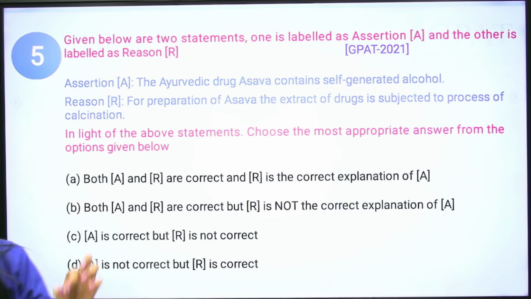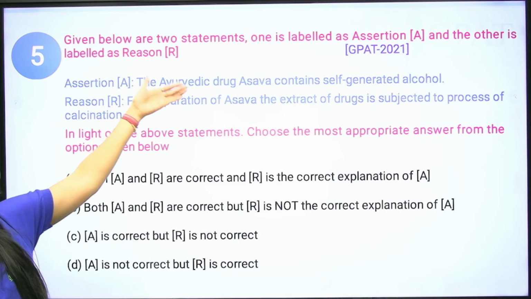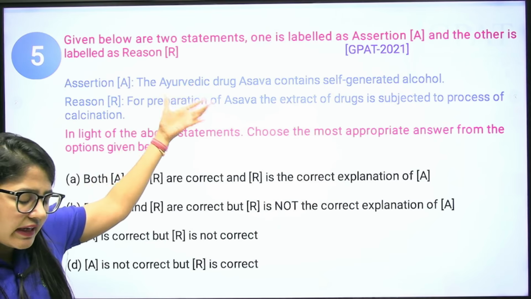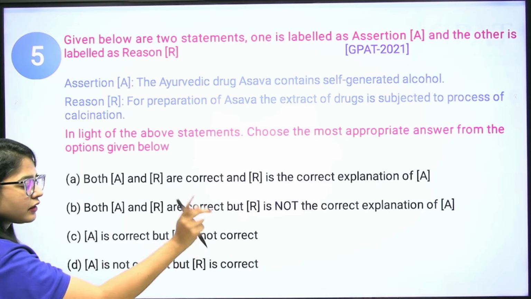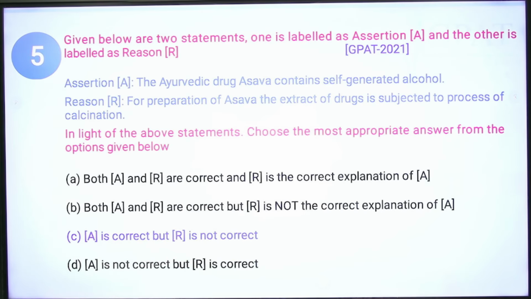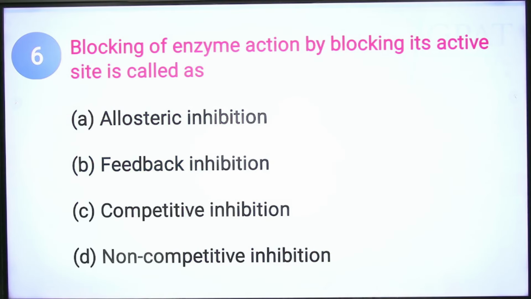Then definitely the reason given for the particular statement is wrong. Then we can say the assertion is correct, that is A is correct but R is not correct. So option number C will be the correct answer. Okay. Now the next question.